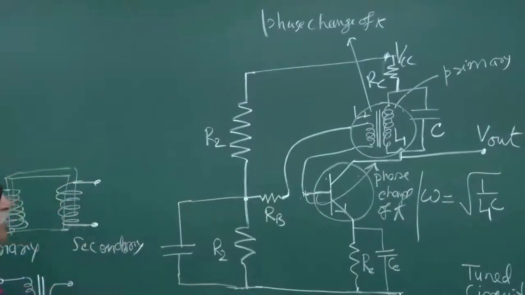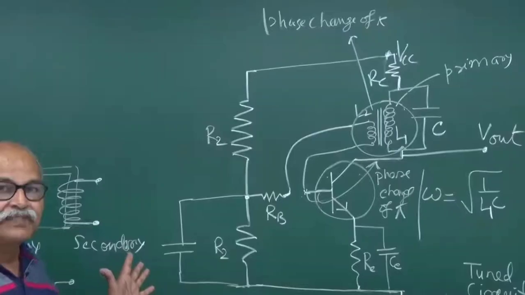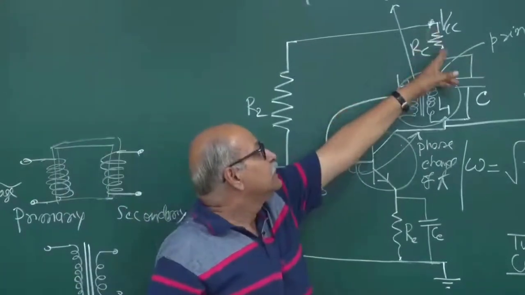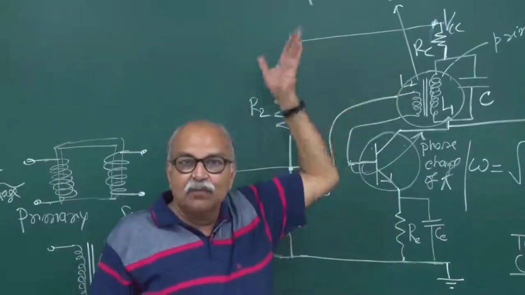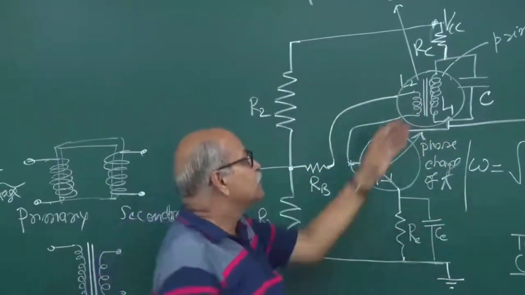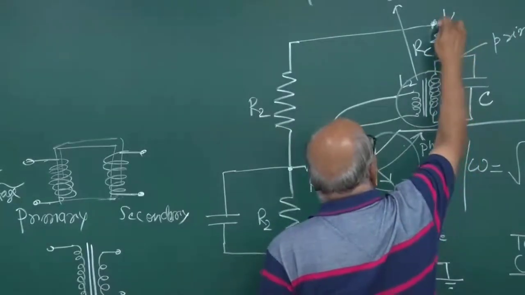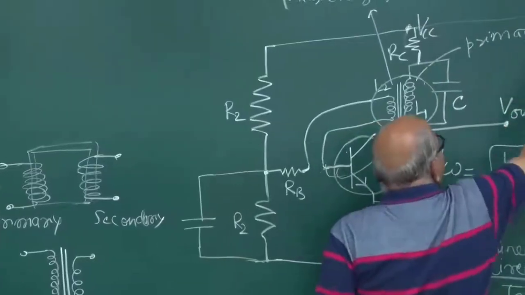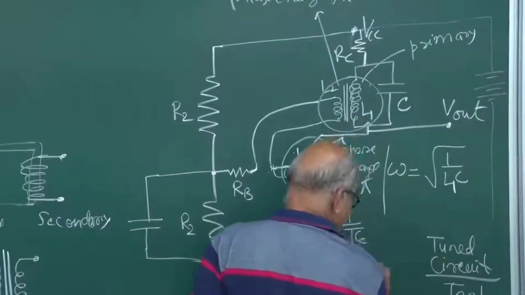So when the circuit is put on for the first time, wherever you have a switch, you can have a switch here. Initially there is no VCC, that means there is no biasing anywhere. If I put a switch here and this VCC is open, that means you have a battery out here.